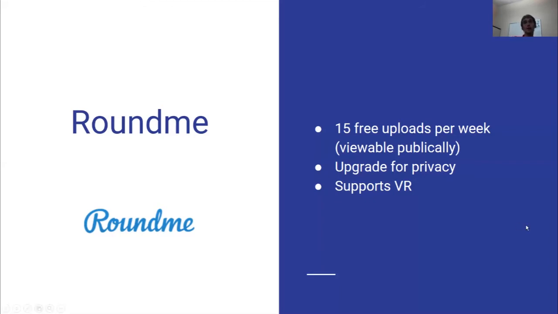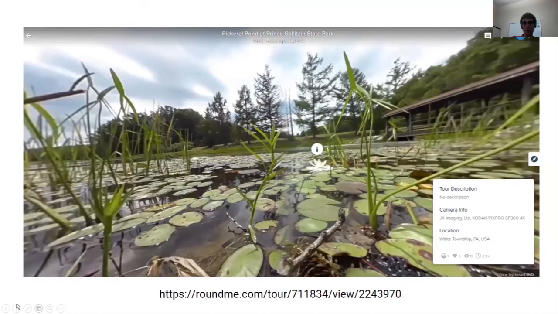It does support VR. And so I'll share this second link. You can take a look at this one and kind of how it differs. Again, you can click around in this and drag and drop if you want to kind of zoom around it.